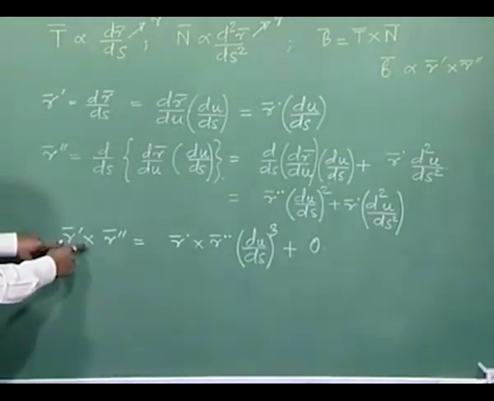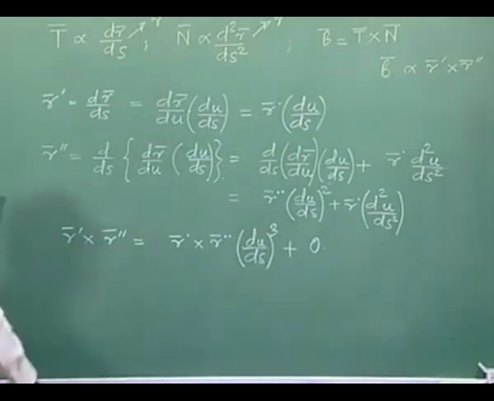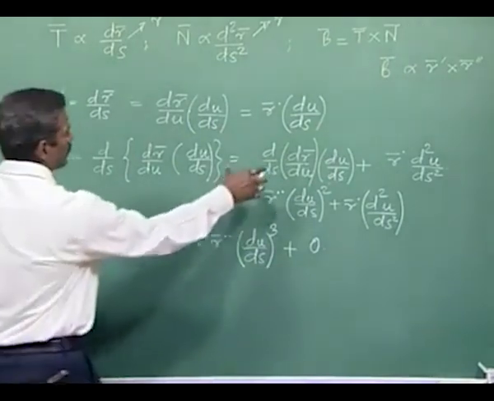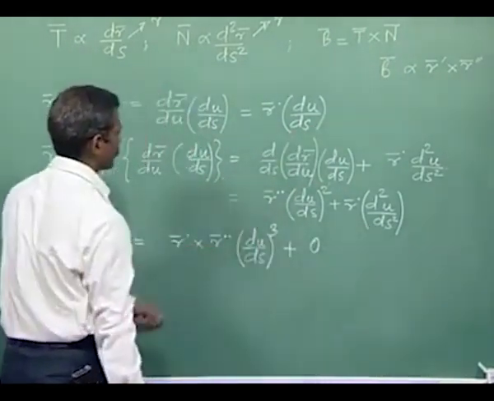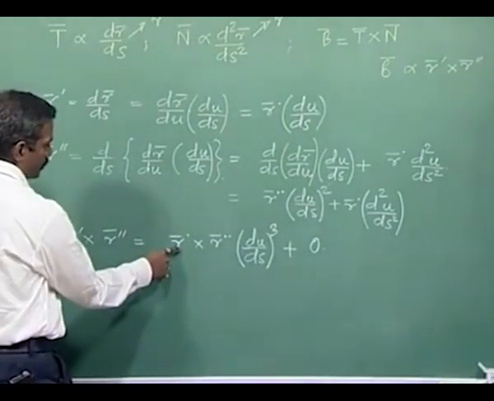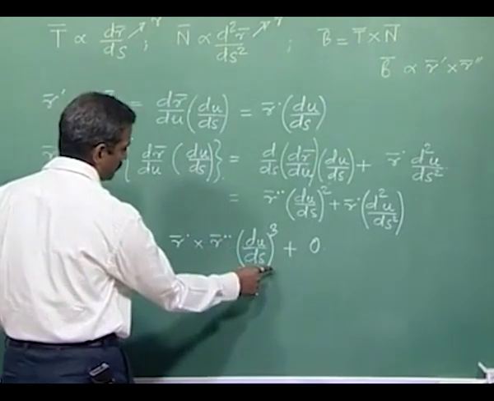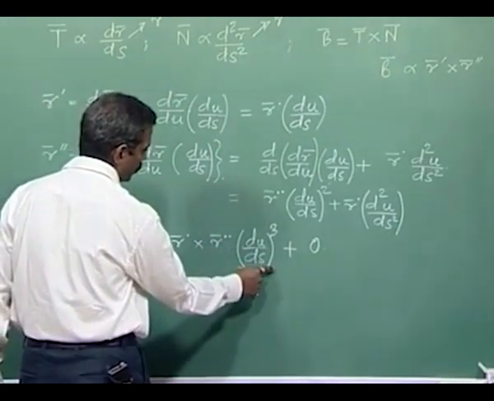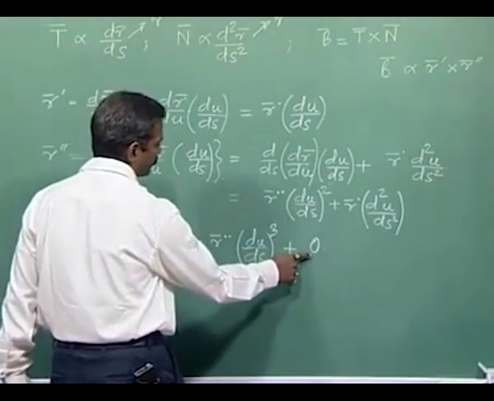R prime crossed with r double prime is this term here crossed with this term here, which will give us r dot crossed with r double dot times du over ds the whole cubed, which is a scalar, plus 0.